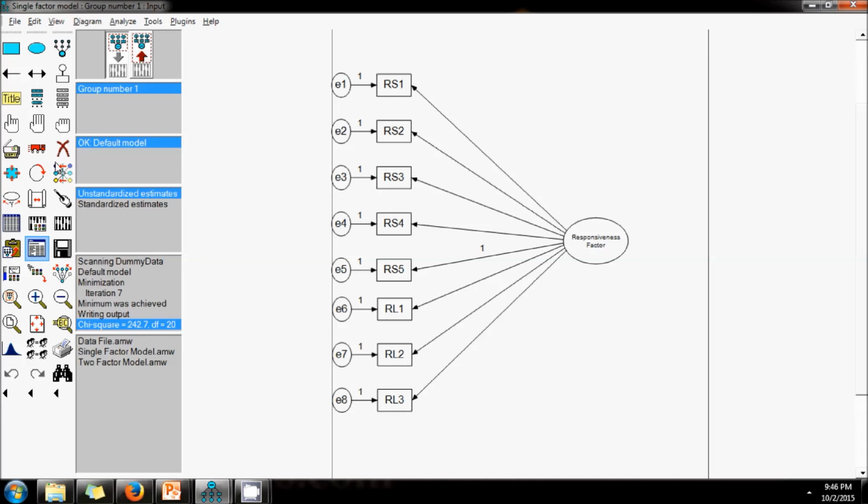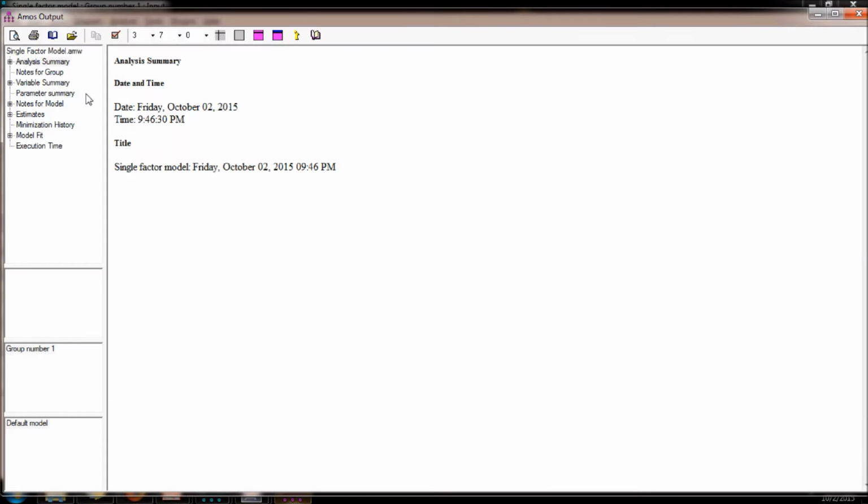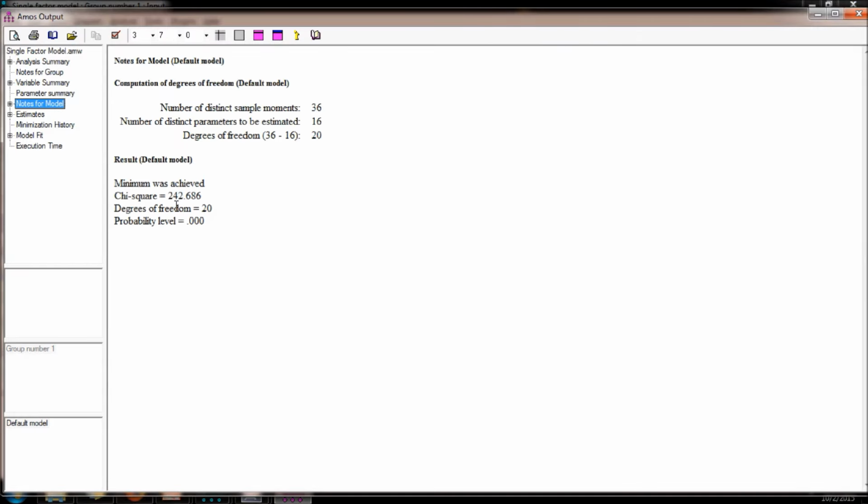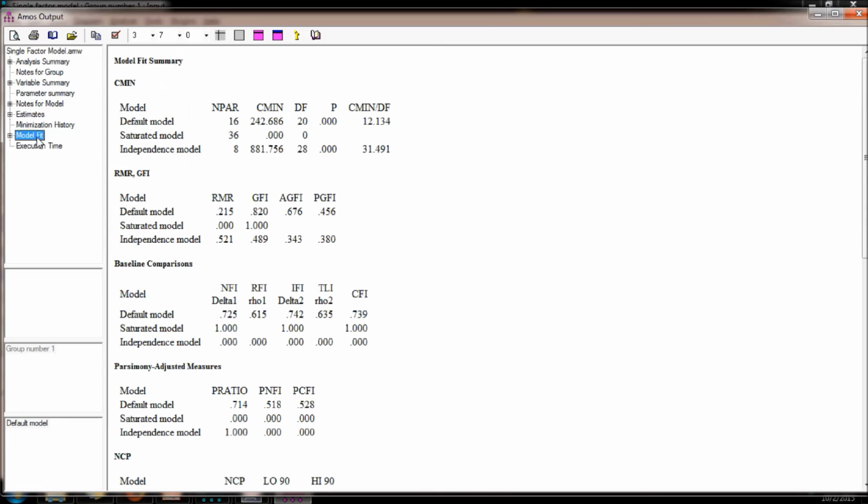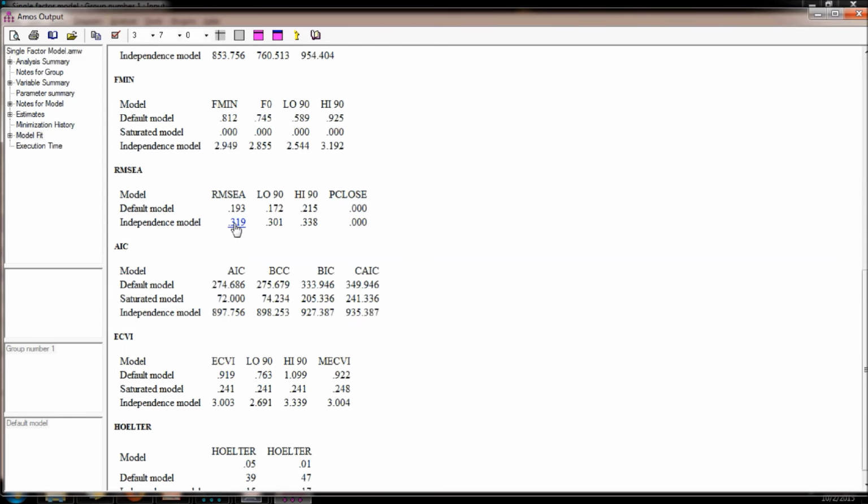If I go and look at the results, I can see that the chi-square value is 242.686 with a degrees of freedom 20. Further, looking at the model fit indices, I can see that the goodness of fit index is 0.820, the comparative fit index is 0.739, RMR value is 0.218, and the RMSEA value is 0.193.